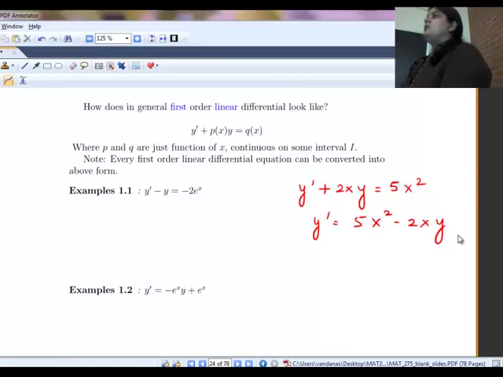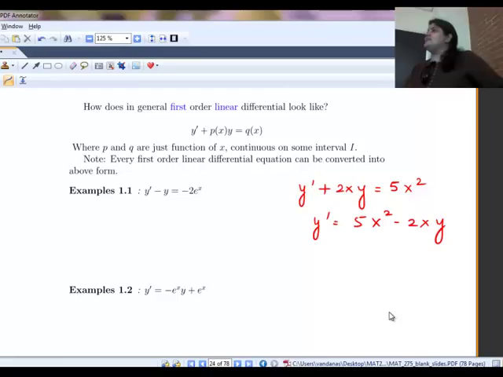It's linear, because the y function is sitting with a degree 1. y prime is sitting with degree 1. So this differential equation is linear. The x part can be x square, sine x, cosine x, anything.